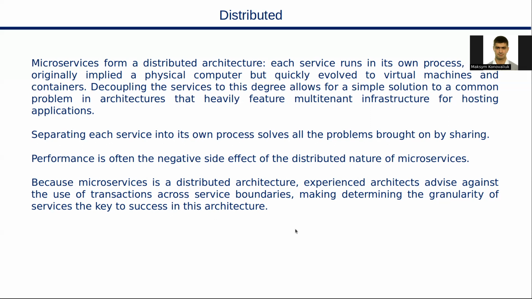It means that if you divide the services in a wrong way, it will influence a lot of communication between the services, but a transaction can be implemented only by one service. It's quite hard to implement a transaction across the communication of services.